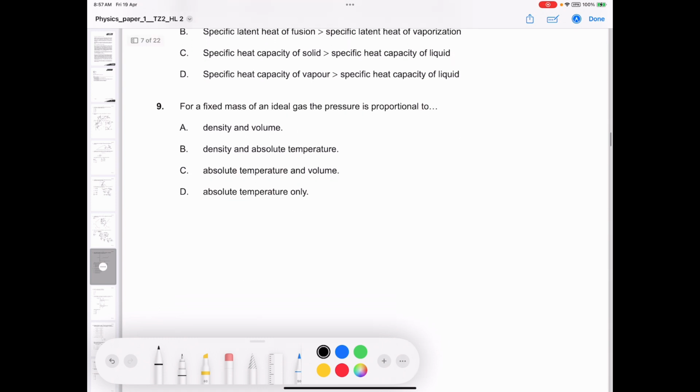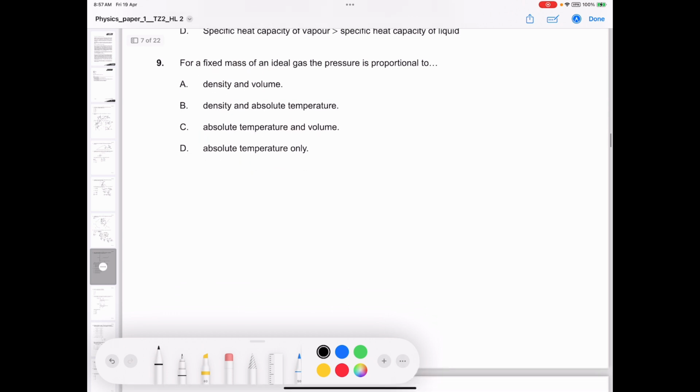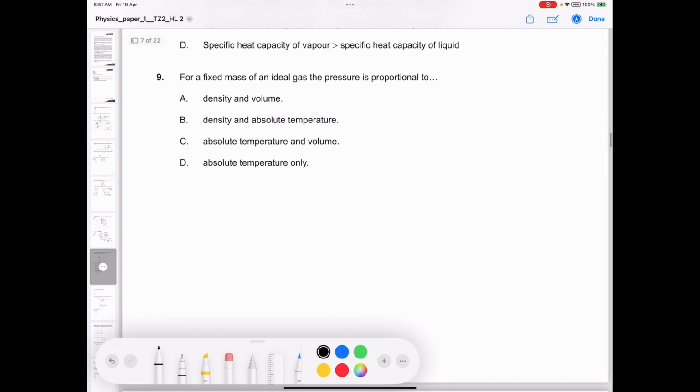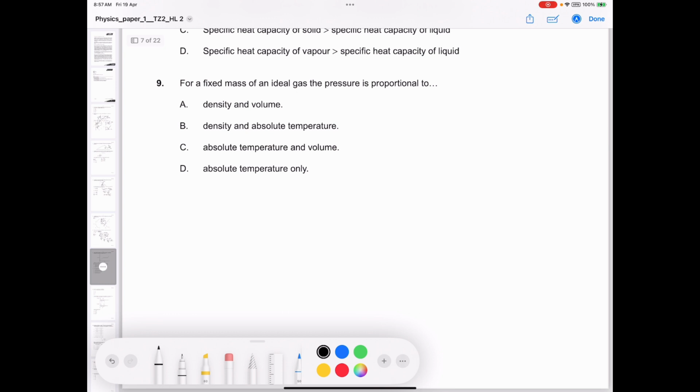Number 9. For a fixed mass of an ideal gas, the pressure is proportional to which option? Okay, so we know that PV is equal to nRT, and we want to find what pressure is proportional to.